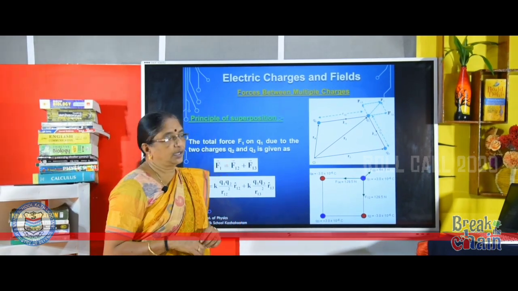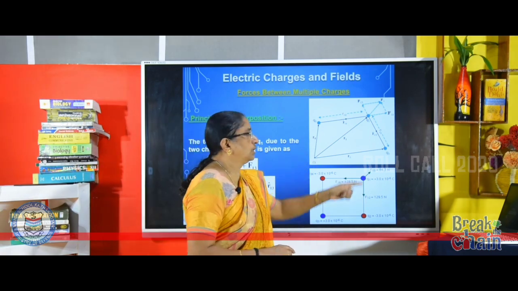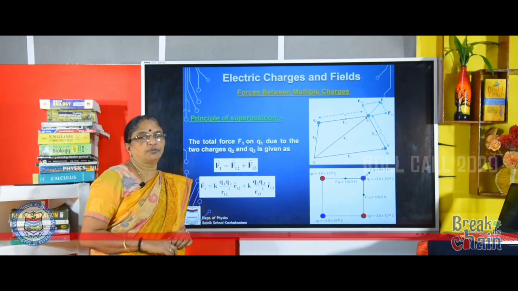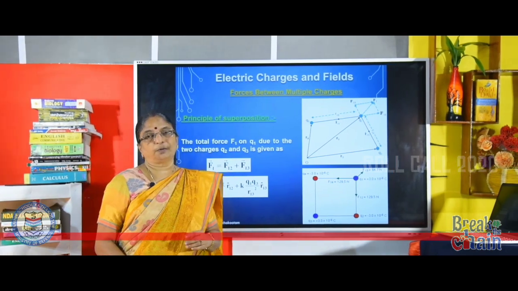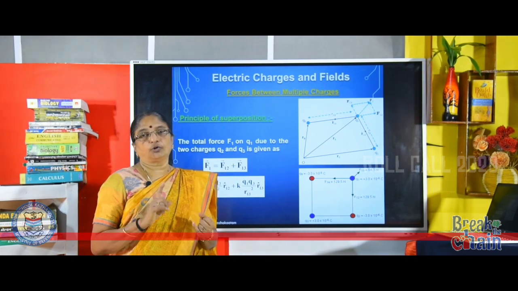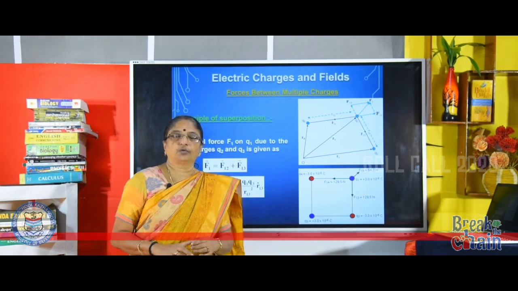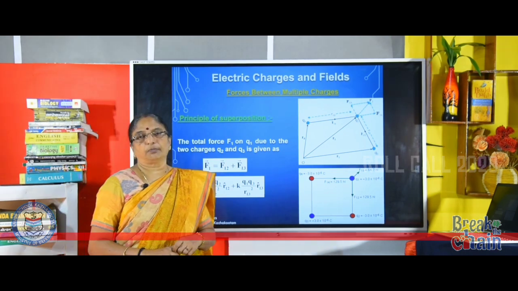As seen here, you can see that Q1 is the charge and Q2 and Q3 are kept nearby. So the total force on the first charge, vector F1, equals vector F12 plus vector F13, where vector F12 is the force between 1 and 2 and vector F13 is the force between 1 and 3. So when you substitute Coulomb's law, the total equation can be obtained like that.